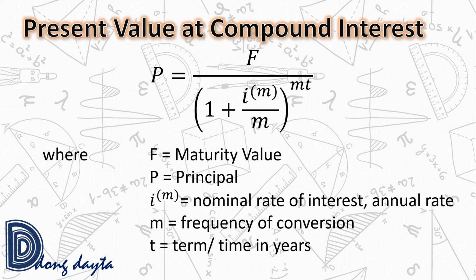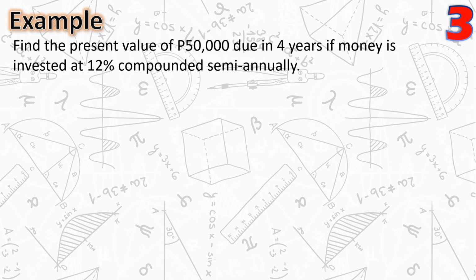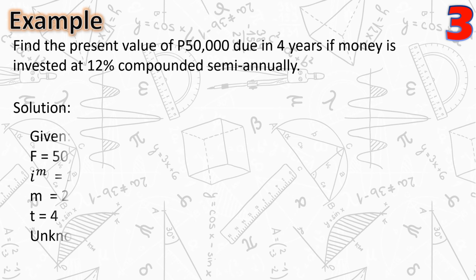Let us have an example on this one. Number 3. Find the present value of 50,000 pesos due in 4 years if money is invested at 12% compounded semi-annually. So for our solution, let us get the given information.